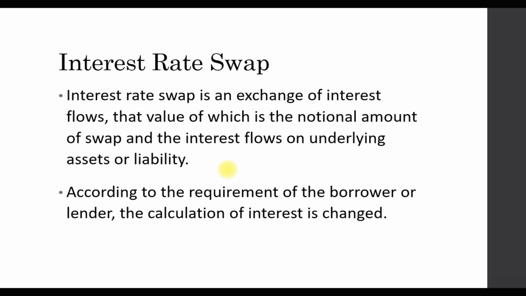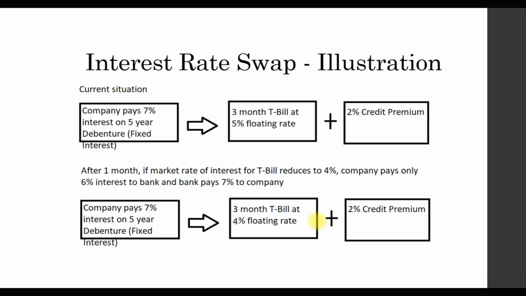Now, interest rate swap. An interest rate swap is an exchange of interest flows, the value of which is the notional amount of the swap, and the interest flows on underlying assets or liabilities. According to the requirement of the borrower or lender, the calculation of interest is changed. To illustrate, let us imagine a company paying a fixed rate of interest at 7% on its 5-year debenture.